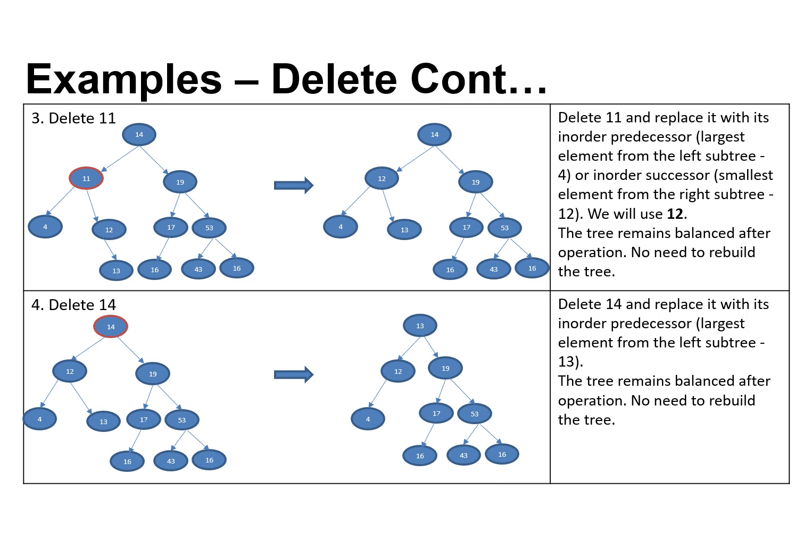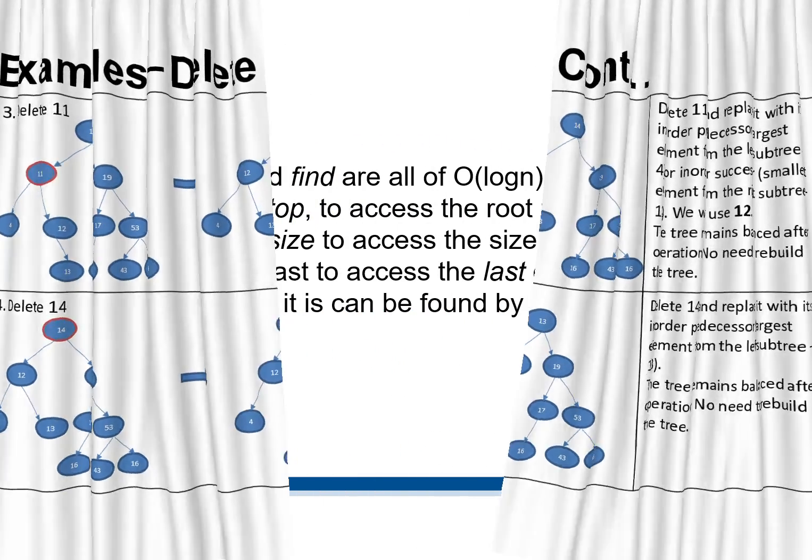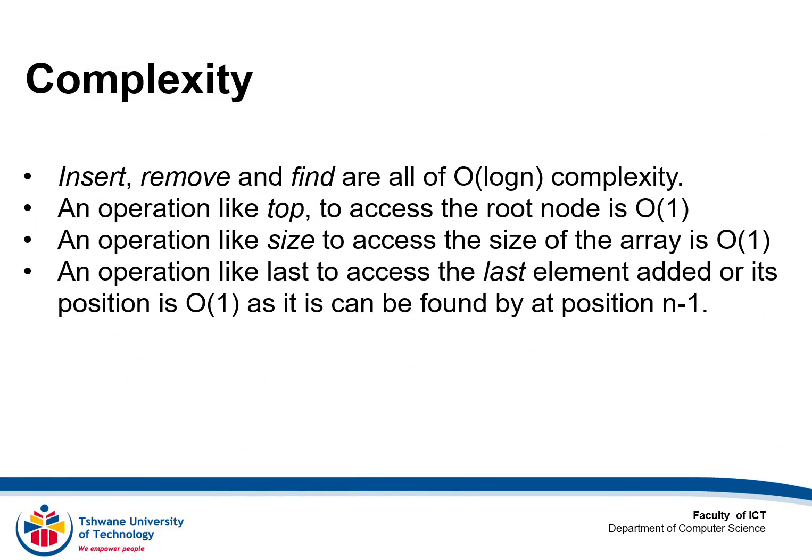Okay, so we're happy. Just remember, with every deletion you still need to check, is the tree still balanced? How do you know if it's balanced? You do the calculations. Okay, now let's look at the complexity. Insert, remove, and find are all of order log n complexity, which looks good.